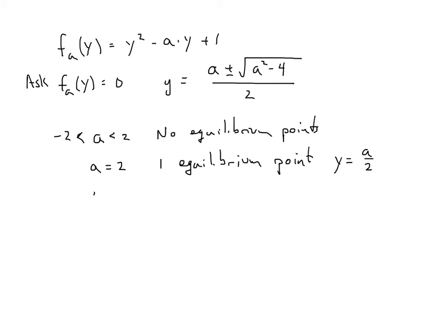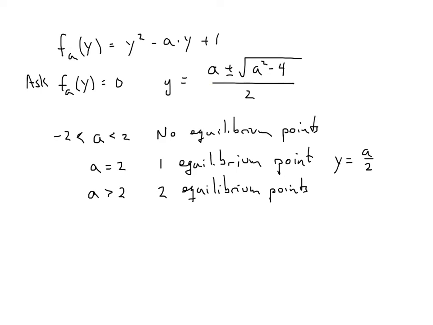And if A is bigger than 2, then I have 2 real roots, 2 equilibrium points. That'll stay true for all A bigger than 2.